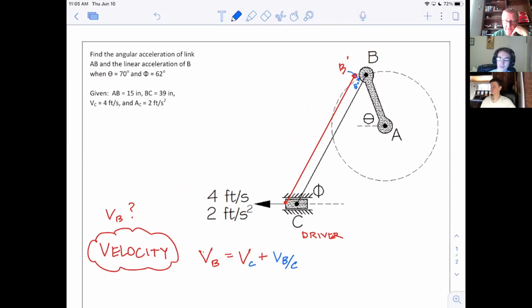We have the velocity of C sitting right here. But where in the drawing are the other things we don't have drawn in, which would be the velocity of B and the velocity of B as it rotates around C?